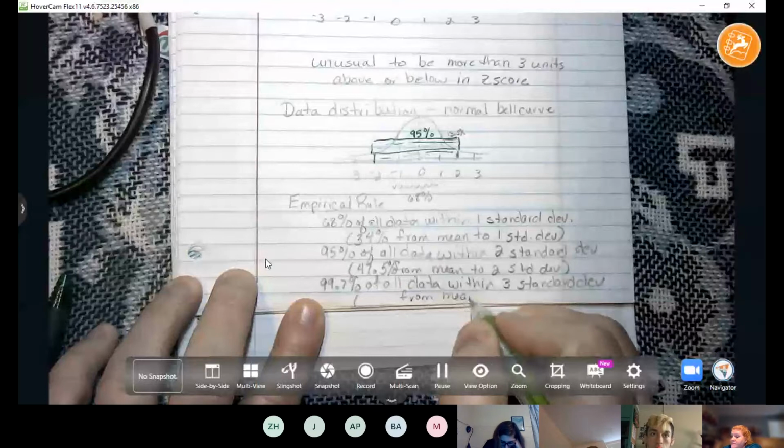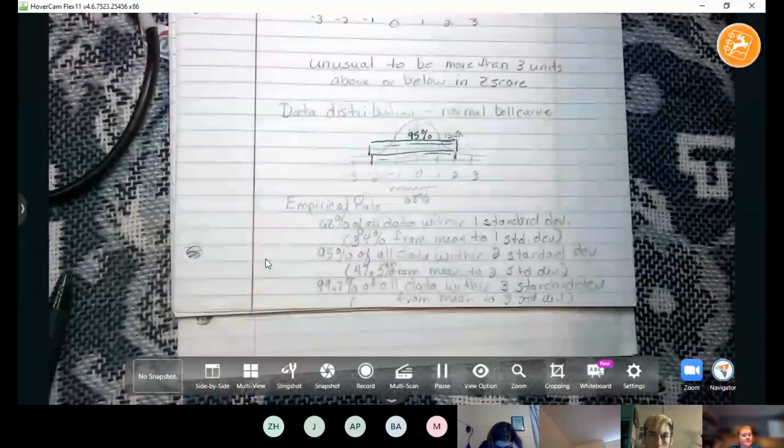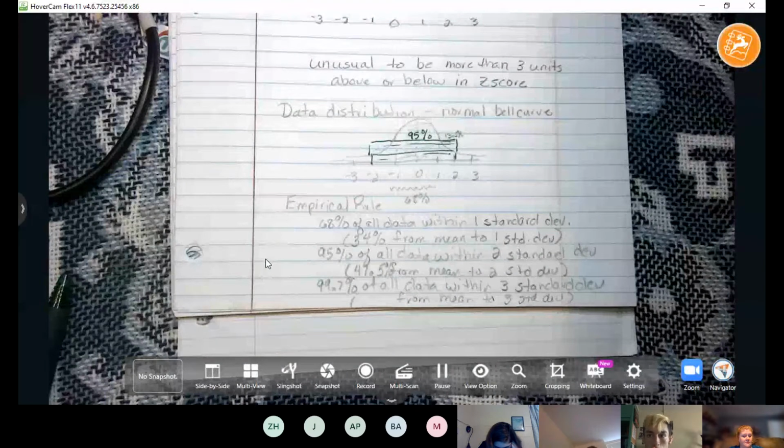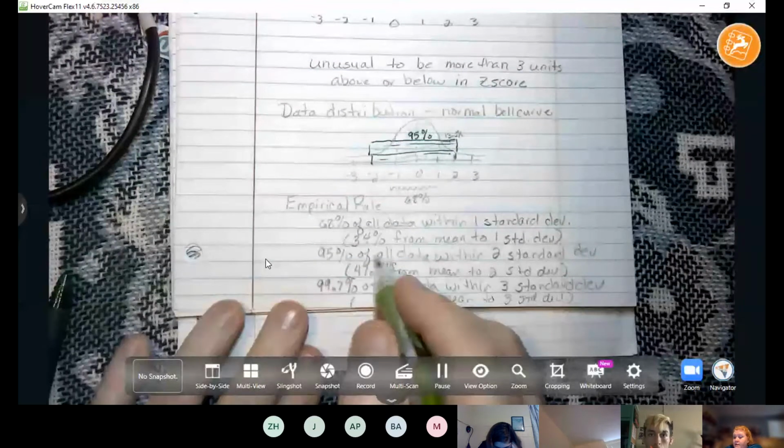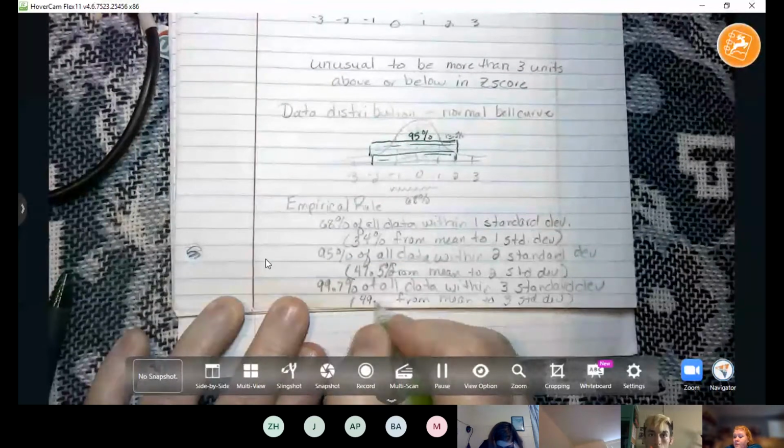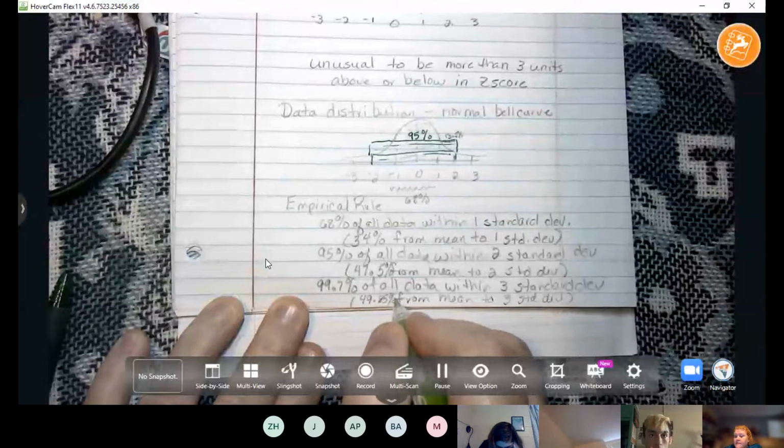So what percent is from the mean to 3 standard deviations? 49.85%.